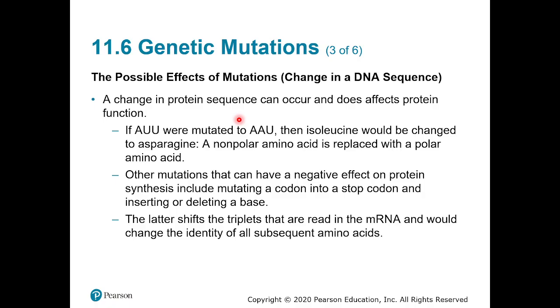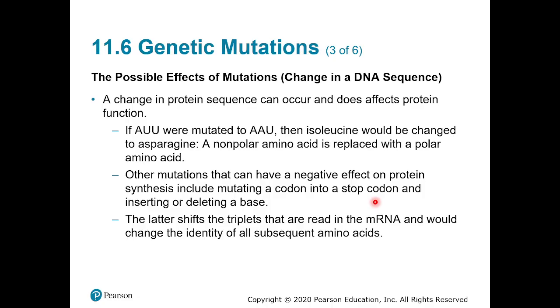This would be a nonpolar amino acid replaced with a polar amino acid. And so suddenly it could greatly change the effect of your protein because it could change the structure, right? If you required nonpolars to match up because you're going to end up with this nonpolar region, all of a sudden you have a polar part, don't you? Okay? And it can disrupt that.